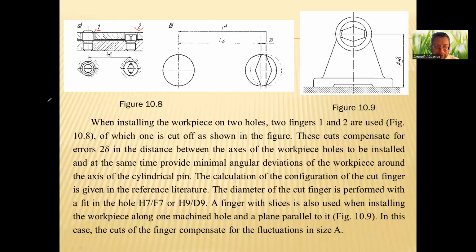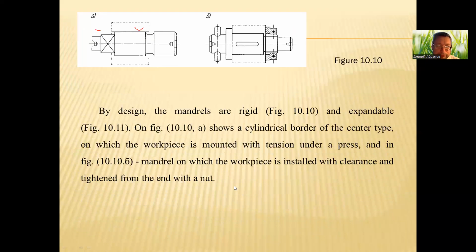In this case, the cuts of the finger compensate for the fluctuations in size A. By design, the mandrels are rigid, figure 10.10, and expandable, figure 10.11.